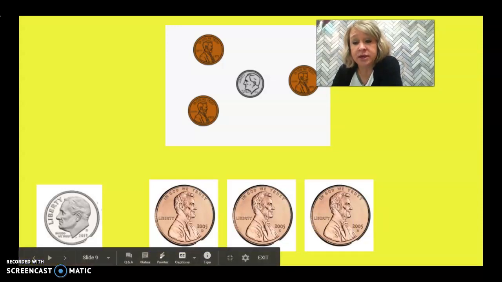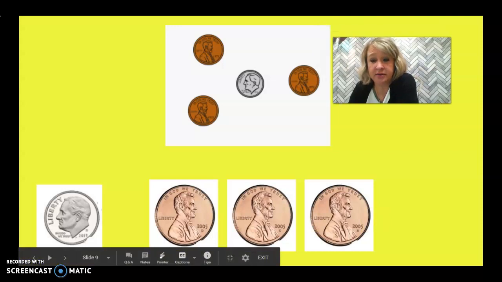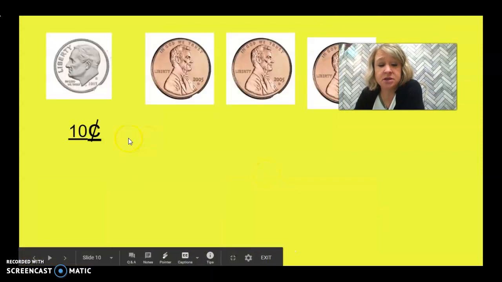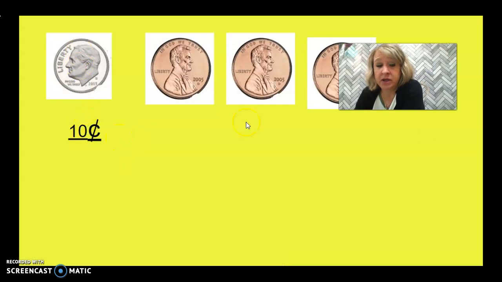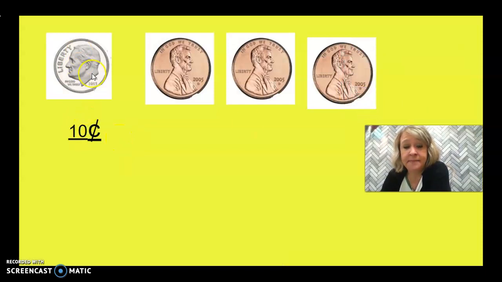This is how we're going to count the coins today. We are going to use our skip counting. What do we count dimes by? Tens. Very good. 10. Now we have a penny. We don't count pennies by tens. What are we going to do here? We're going to count on.